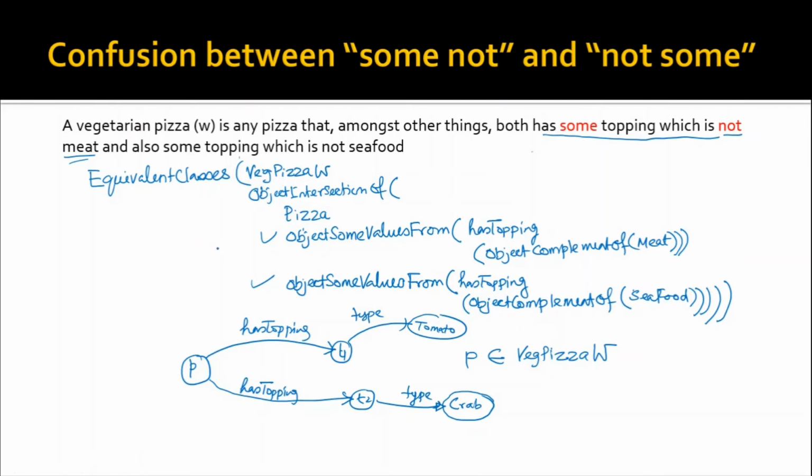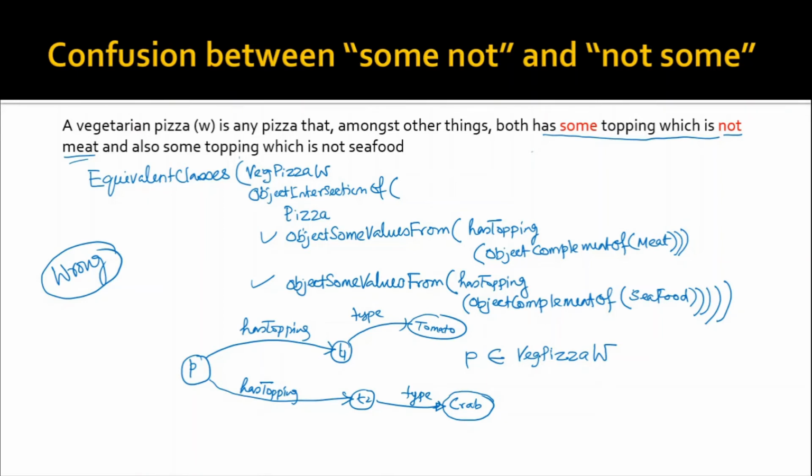So this will be satisfied irrespective of whether you are having another topping which is of type meat or seafood. So this is a wrong definition of a veg pizza, right? As per your definition, this P would be classified into veg pizza, but this is a wrong definition of veg pizza.